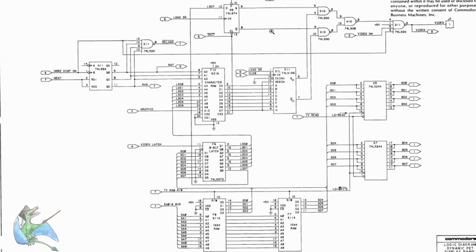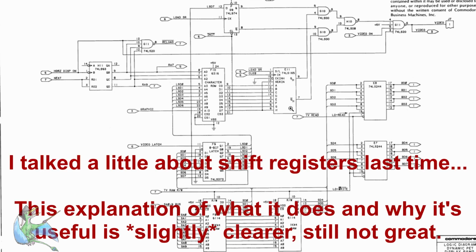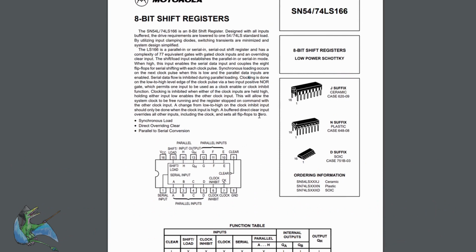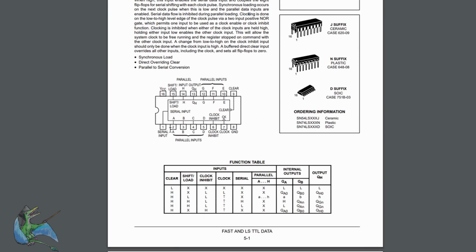Some stuff we can mostly ignore, and we get down to a shift register. Now, a shift register is a simple device. Here's the most common example of the sort of thing involved here. This is a parallel load serial out shift register.